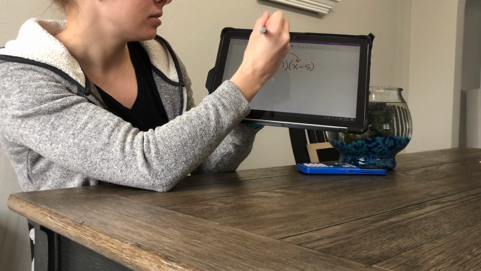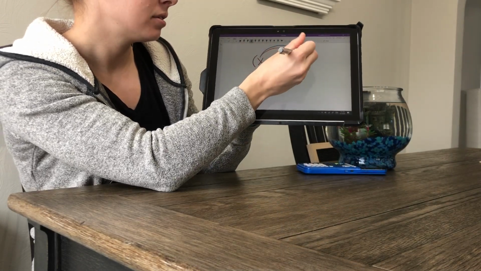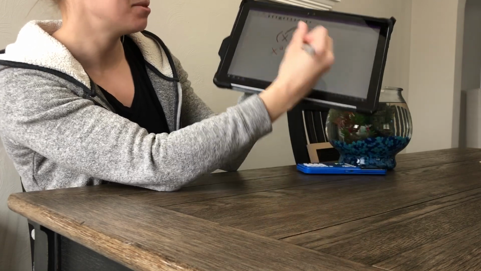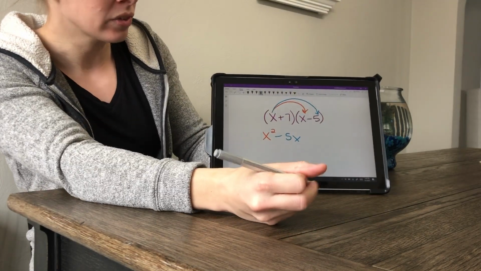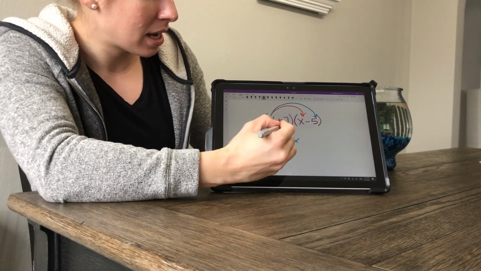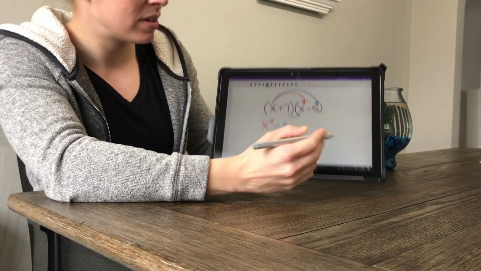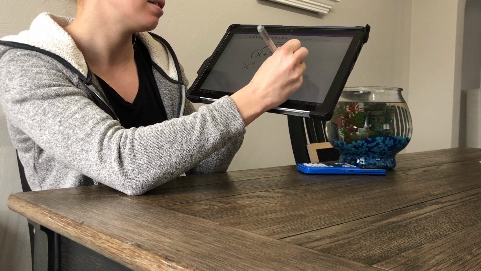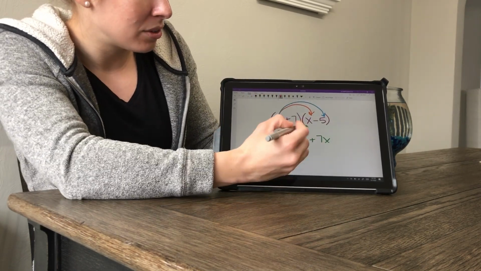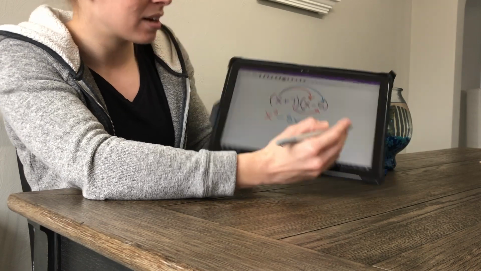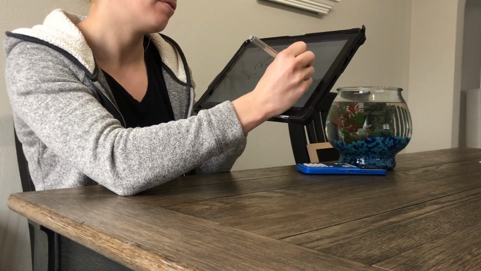Outer times outer, x times -5 gives you -5x. Okay, inner times inner, 7 times x gives you 7x. And then last times last gives you 7 times -5, which is -35.